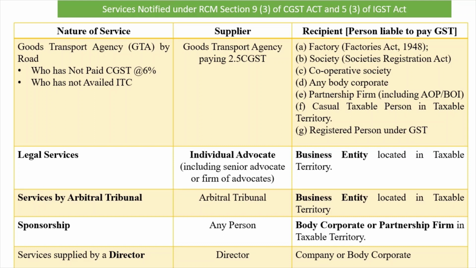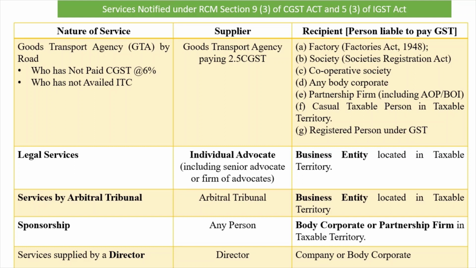Say for example, if any lawyer has provided any services to Reliance Limited, in that case Reliance Limited is a recipient of service and is liable to pay GST to the government under reverse charge under section 9 subsection 3. Next one, services by arbitral tribunal. So here the supplier is the arbitral tribunal and the business entity located in taxable territory is the recipient and is liable to pay GST to the government.